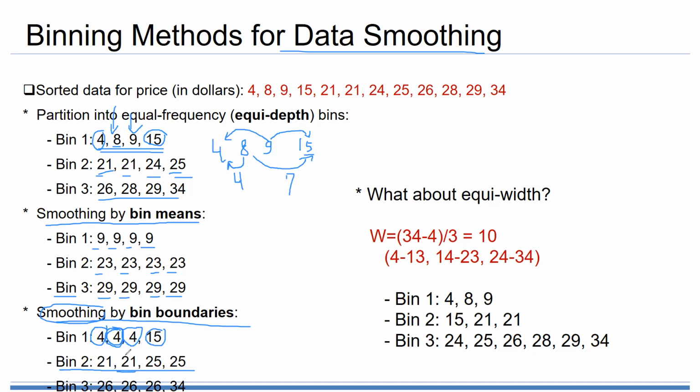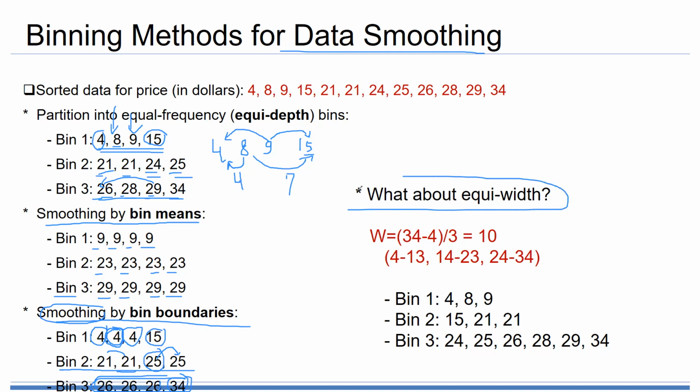For 21, it stays the same, and for 24, because it is closer to 25, we change to 25. What about 26, 28, 29, and 34? 26, 28, 29: 28 and 29 are closer to 34, and 26 stays 26, so the lower boundary is 26 and the upper boundary is 34.